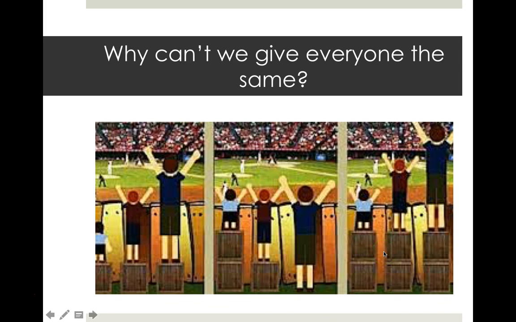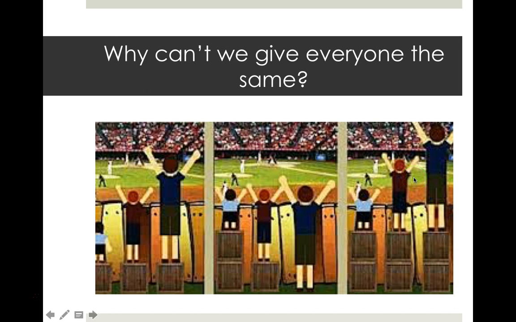And in this last one, again, we're giving everyone the same. So we're like, okay, if this person needs 2, let's give everyone 2. Again, if we give everyone 2, then we still haven't achieved equality. It's more equal because everyone can see over the fence, but is it based on their support needs?